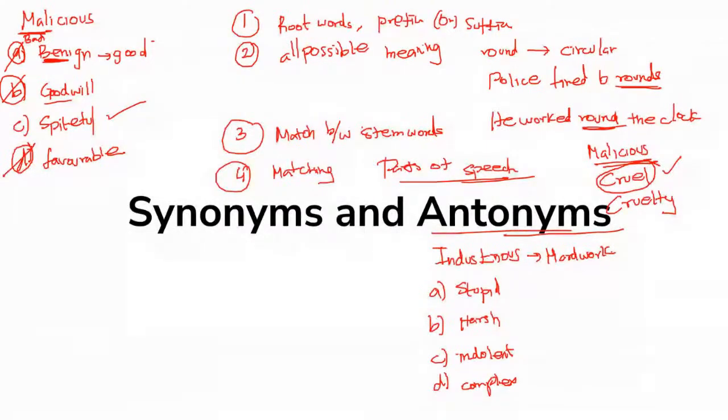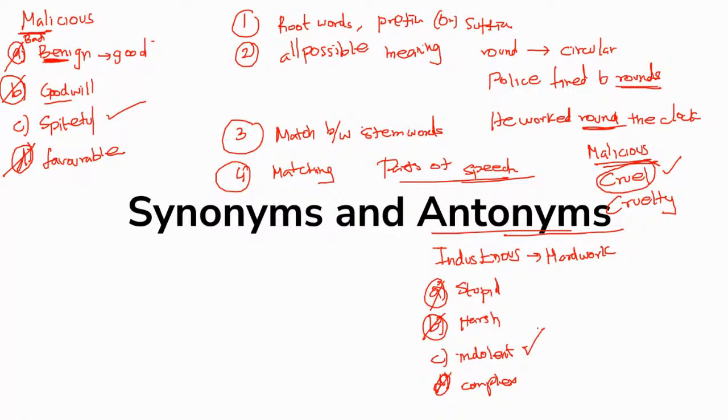Now consider the answer choices. It is evident that stupid, harsh, and complex have nothing to do with lazy. So these are not going to be your answers. Hence, the answer has to be the odd man out, and that is indolent. Hope you guys are getting this.